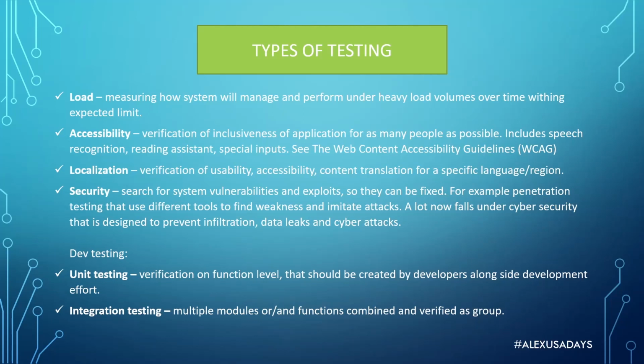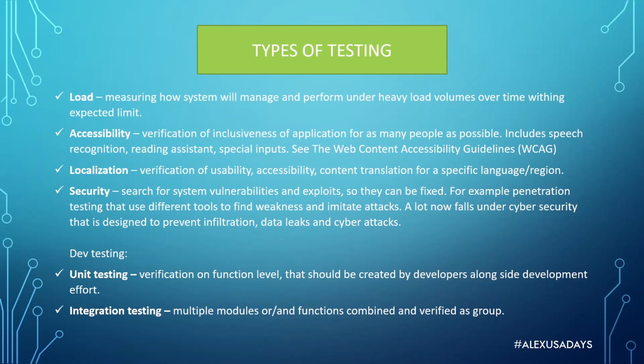And there are two other types of testing that you're going to hear a lot about, and they're very common, but they're not exactly QA types of tests. There is dev testing, where they do unit testing. Unit testing is verification on a functional level, like the smallest functions possible that should be created by developers alongside the development effort.